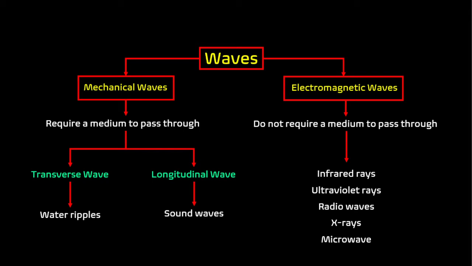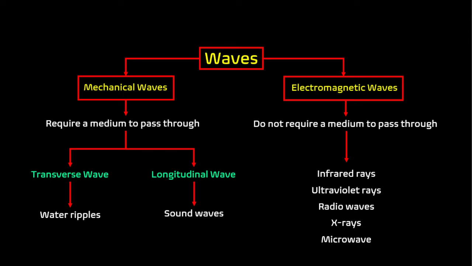So the two types of mechanical waves are the transverse wave and the longitudinal wave. We will learn the details about that in a second. Now, transverse waves are sort of like water ripples, and the medium for the water ripples to occur is the water. And one example of a longitudinal wave is a sound wave.